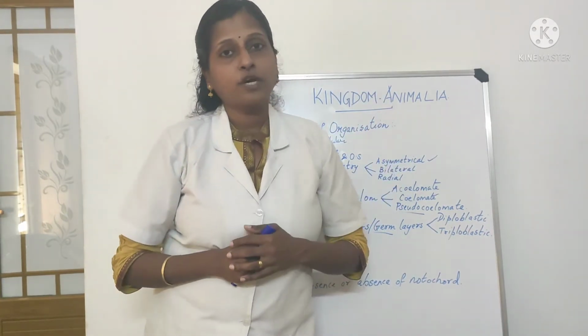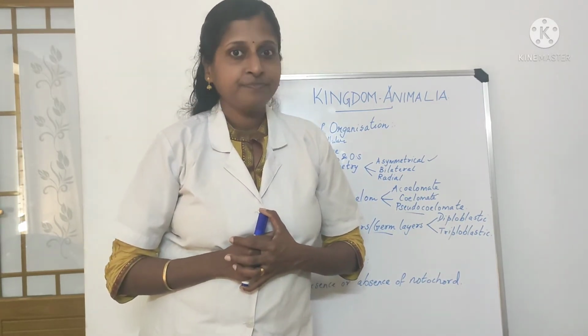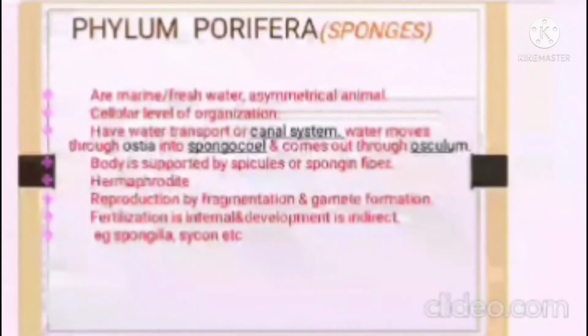The first phylum we are going to discuss is phylum Porifera. Here we go. So when you are learning these topics, how can you learn? You can just learn one or two examples from each phylum. Keeping that animal in mind, you have to make out all the characteristics.